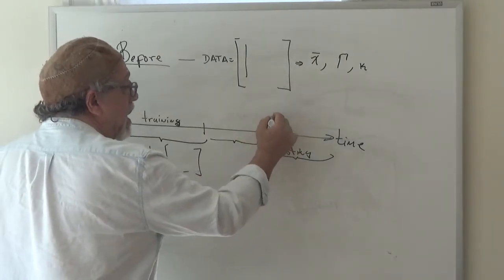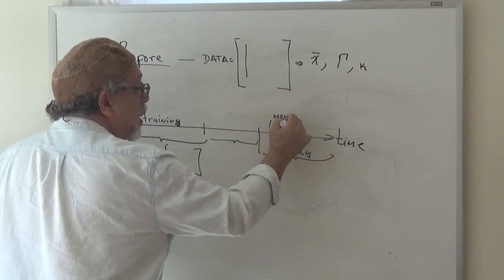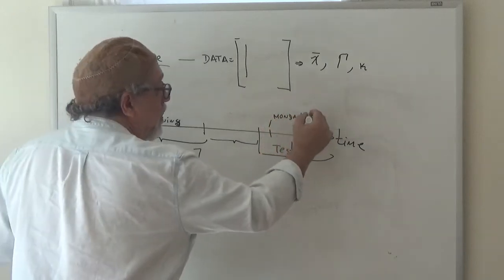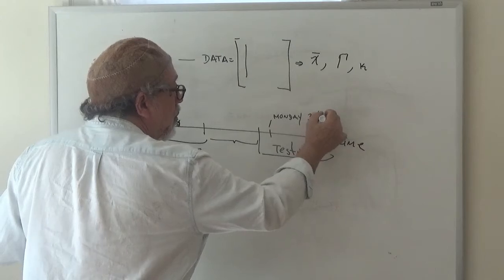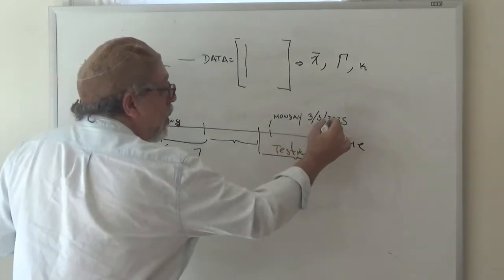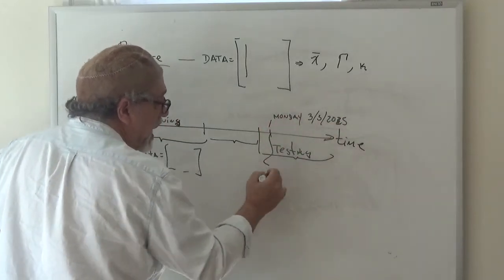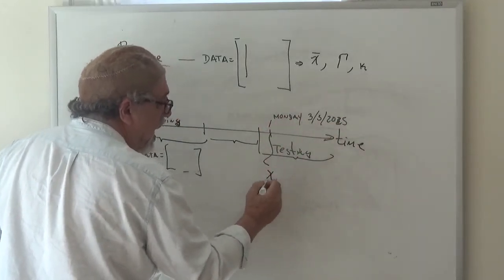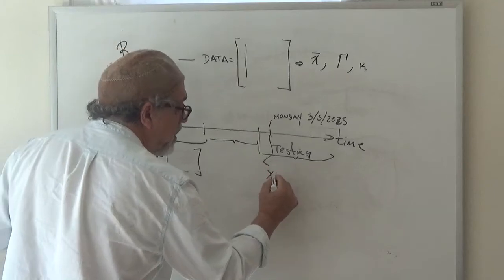This day, you know, Monday of, you know, 3/3/2025, someday, right? We come this day and we get a vector xi with 3 numbers.